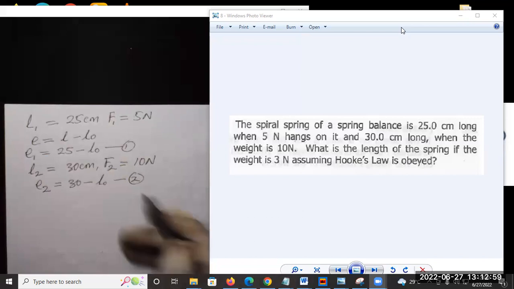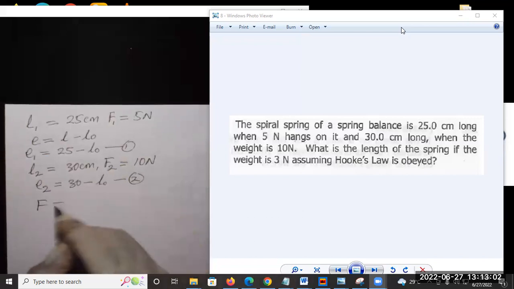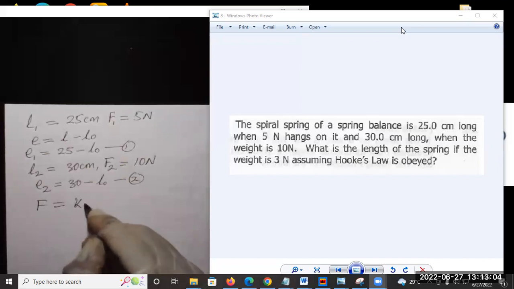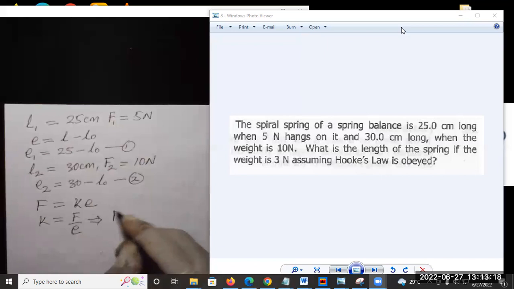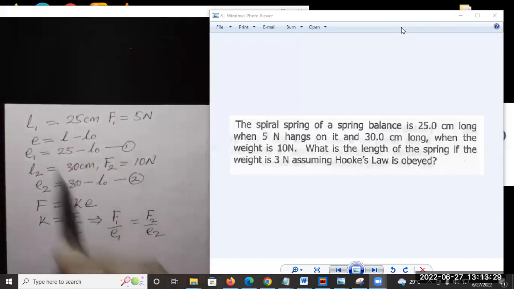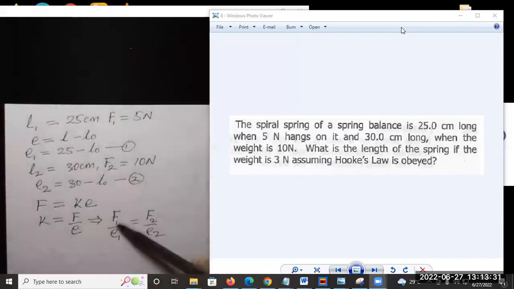According to Hooke's law, force is given as the spring constant multiplied by the extension. Making K the subject, we have force over extension. We can make an expression that F1 over extension 1 is equal to F2 over extension 2, to substitute the given values.